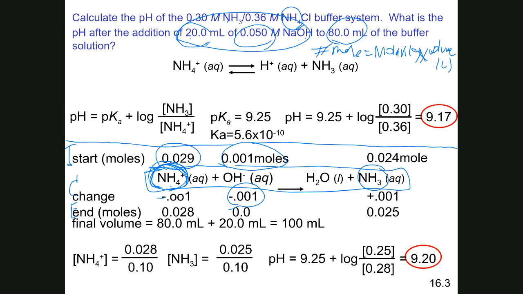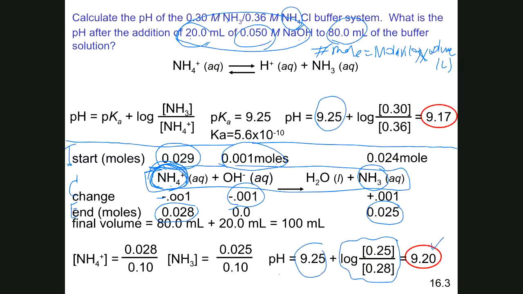So you end up with a slightly lower concentration of NH4 plus and a slightly higher concentration of NH3. But since it's not a direct effect, it's based on the log of that ratio, the change is not significant. You are using the Henderson equation again, and the pKa is going to be the same.